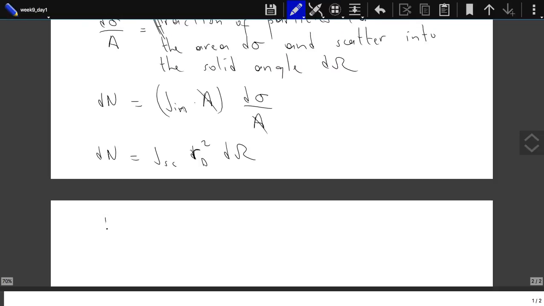And so d sigma will be nothing but the scattered current times R_D squared divided by J incident times d omega.